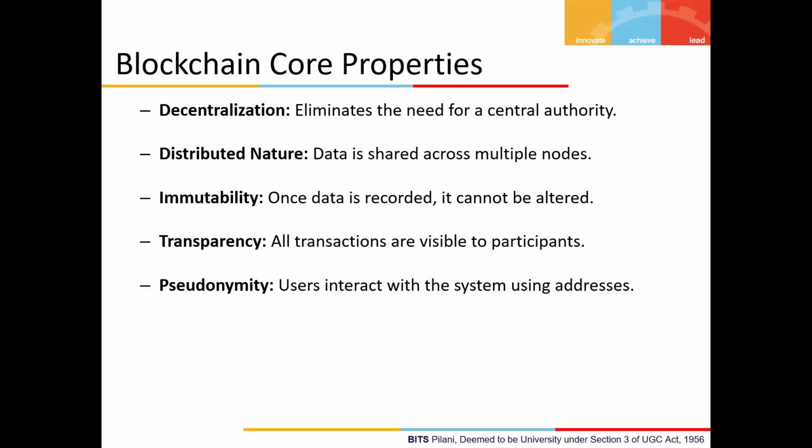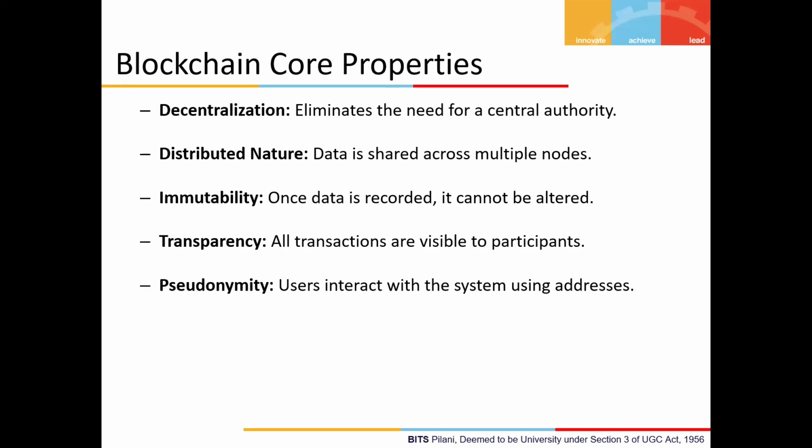So next is transparency. Transparency is like whatever we do over the blockchain, all the transactions, all the data are visible to every participant. And another property is pseudonymity. So in the blockchain, when we interact with the blockchain, the users interact with a pseudonym identity. One pseudonym identity is basically associated with each blockchain user, through which that user will interact with the blockchain, right?